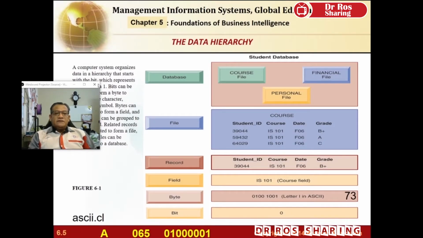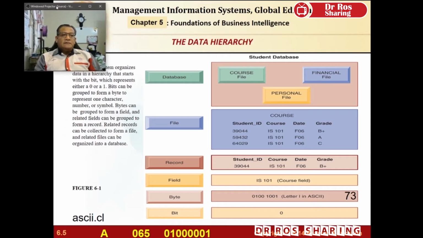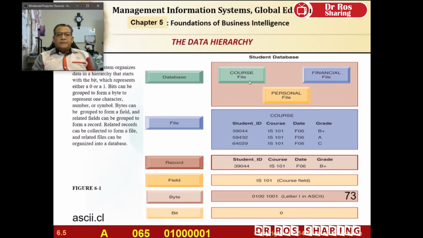Basically, in terms of data hierarchy, for data to exist, it must have layers and an organizational structure. For example, this is the database of students at the UTHM server for student records.